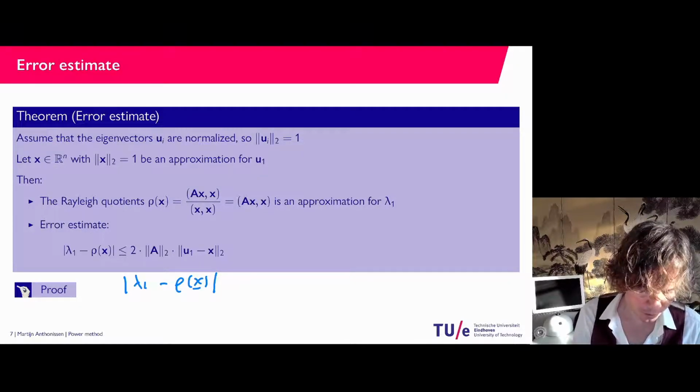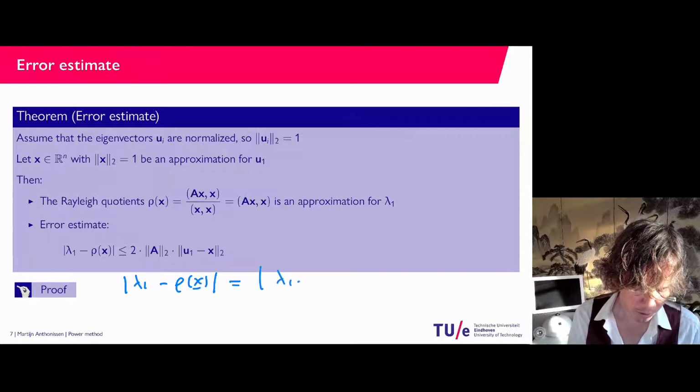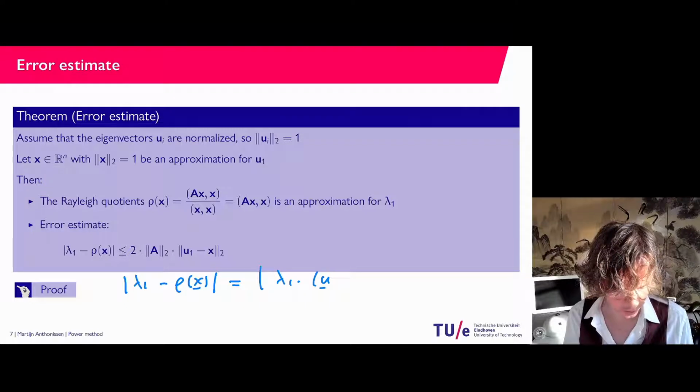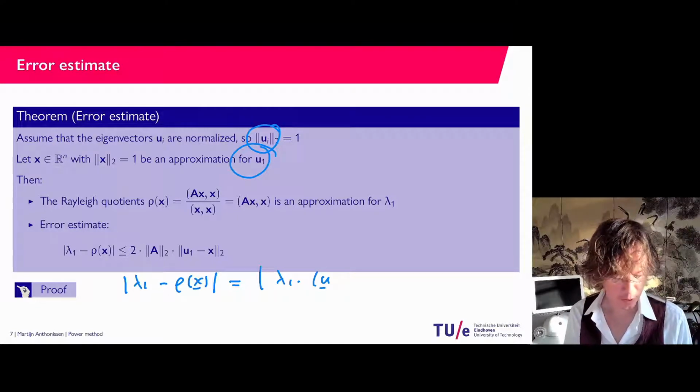But before I do that, let's write this as lambda 1 times the inner product of u1 with u1. Oh, it's a bit confusing because here it says ui and here it says u1. I'm sorry about that.